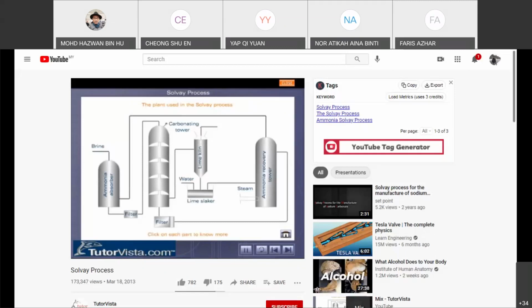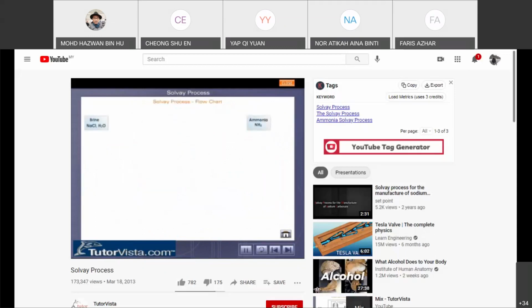Okay, so this is basically the flow diagram of the Solvay process. Observe closely the direction of movement of the arrows. The flow chart for the Solvay process is depicted here for easy understanding of the process.